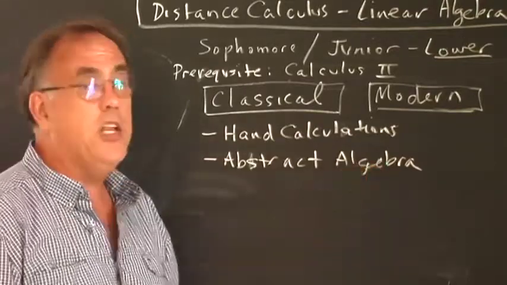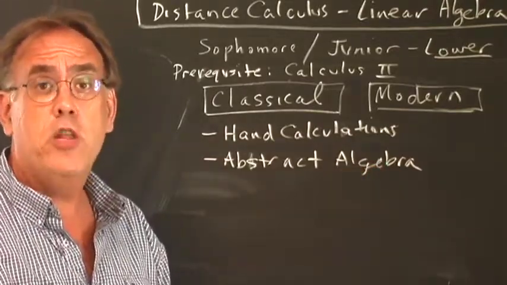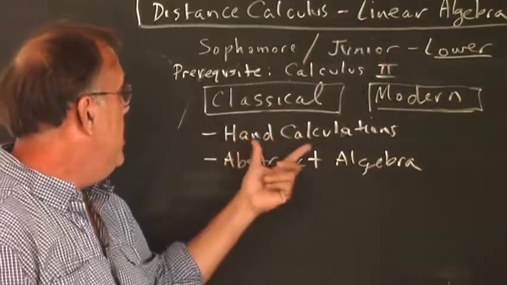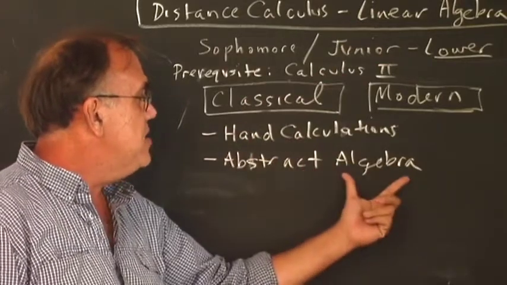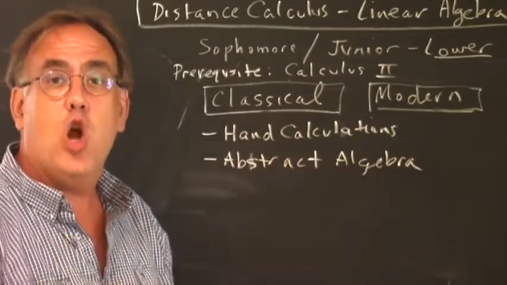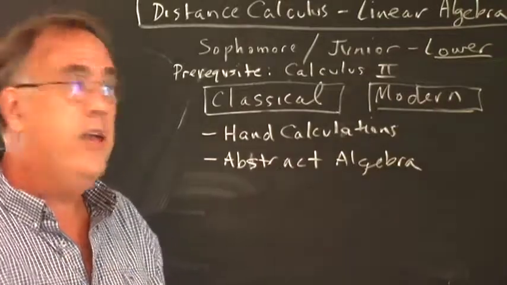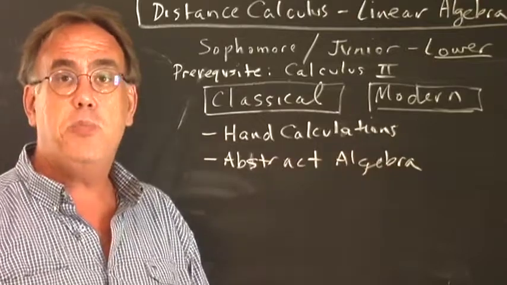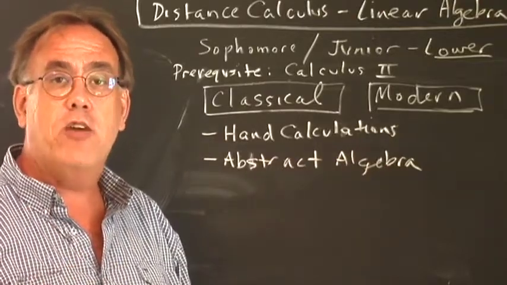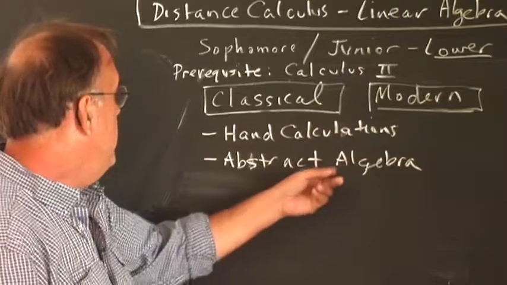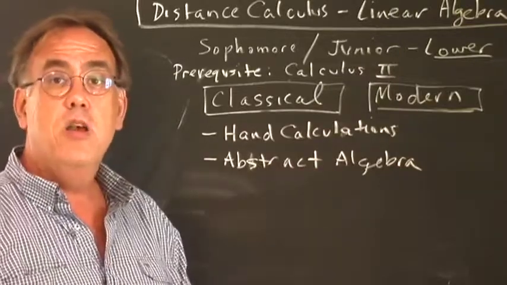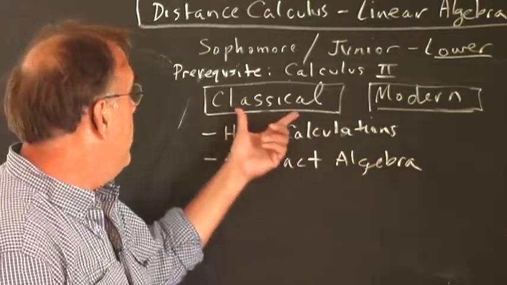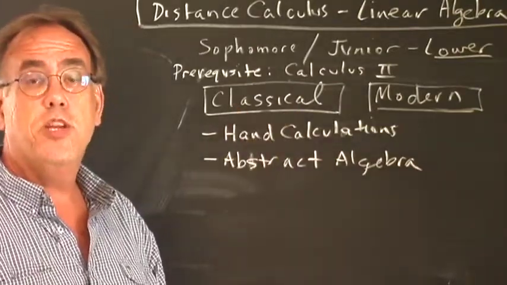In a classical approach to linear algebra, the ideas of abstract algebra start to come into play. The idea of first looking at what's called a linear space as an abstract algebra construction, and proving that certain things are linear spaces or vector spaces, is part of a classical approach to linear algebra.